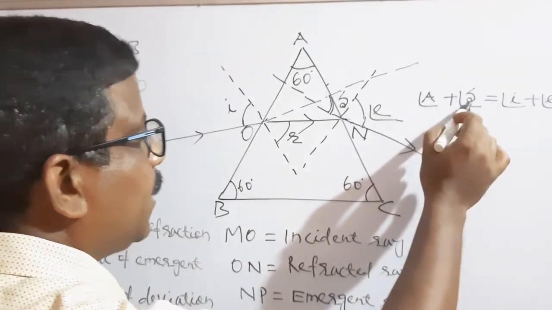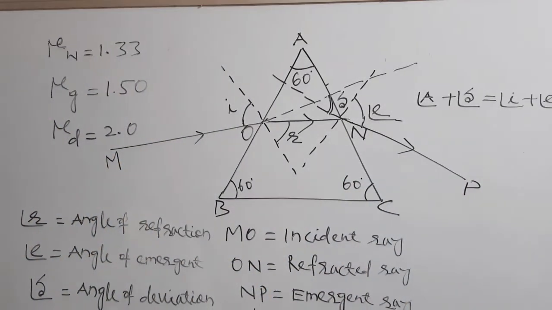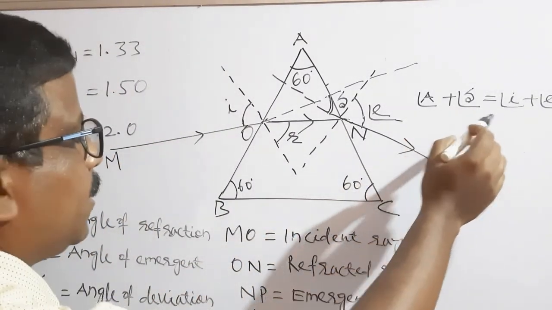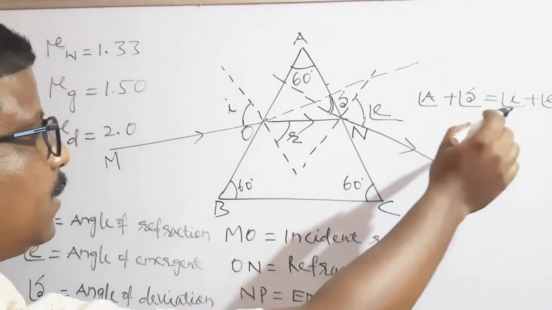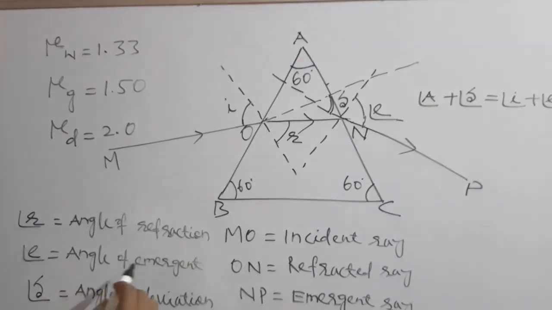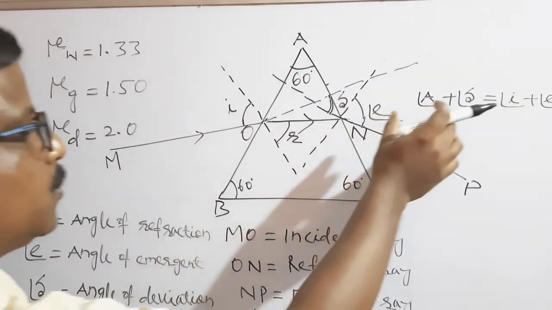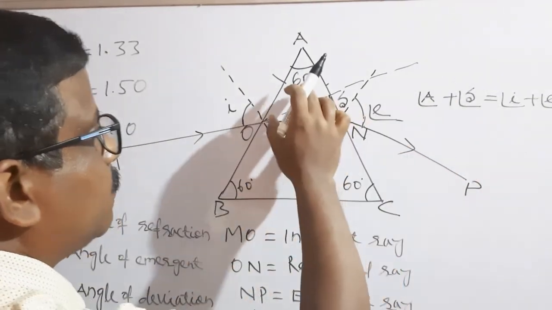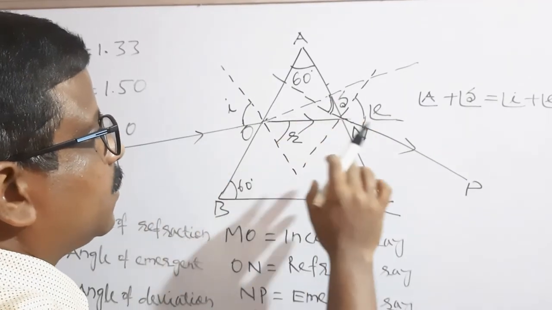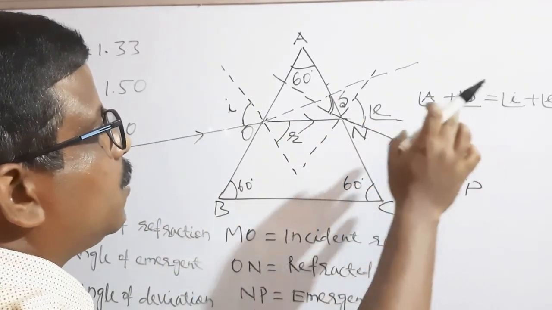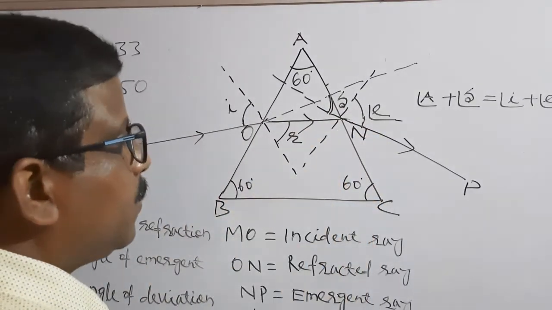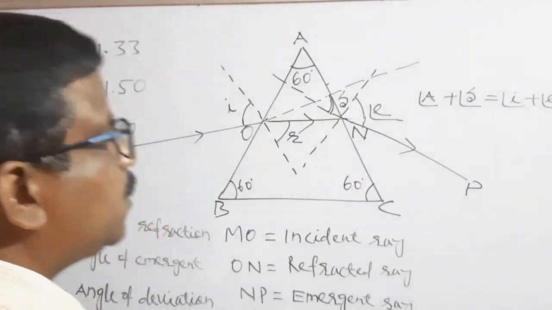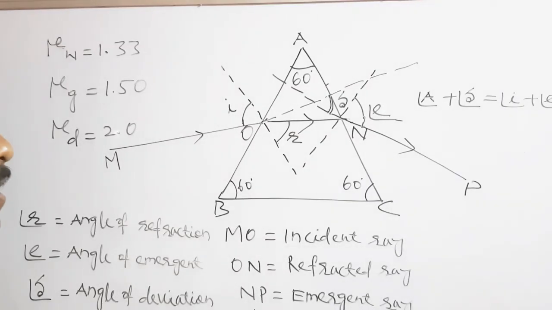Then delta is the angle of deviation. Then I is the angle of incidence, written here. Then E is the angle of emergence. So the sum of these two angles, angle of the prism and angle of deviation, is always equal to the sum of the angle of incidence plus angle of emergence. So this is the conclusion we are getting from this experiment.